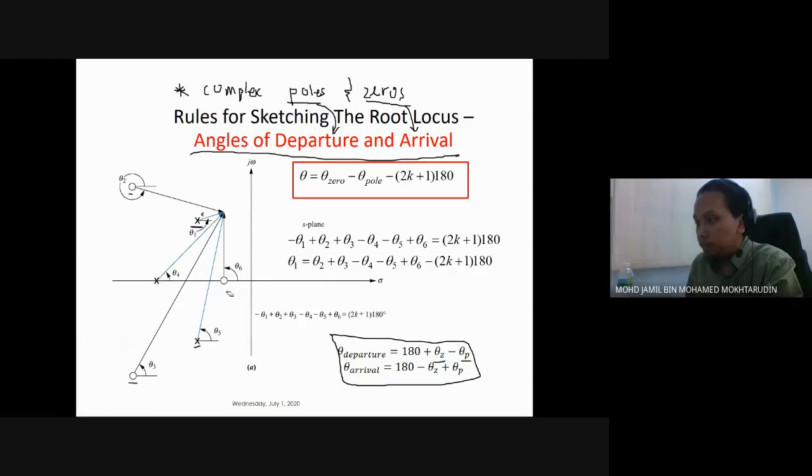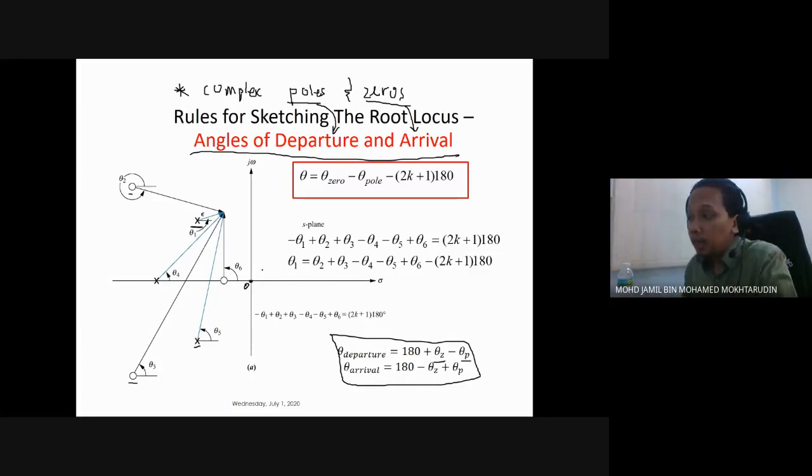Because angle of arrival and departure are only for poles and zeros that are complex numbers. So these two are on the real axis. Maksudnya complex number dia zero. Kat sini zero kan. So maksudnya dia tak ada J, tak ada complex part. Dia hanya ada real part only, no imaginary part.